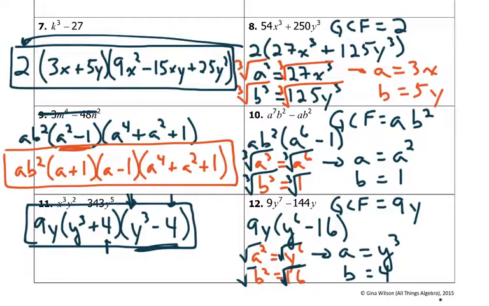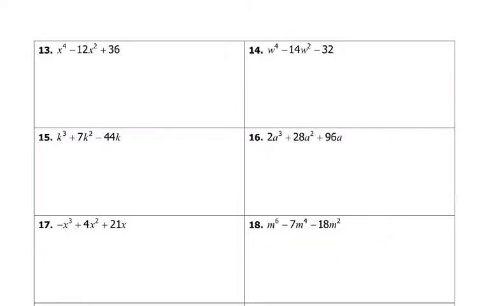All right, let's go to the next page here. Let me scroll. Number 14. All right, so we talked about this. When we look at this right here, we have a fourth power, we have a second power, and we have no variables here whatsoever.